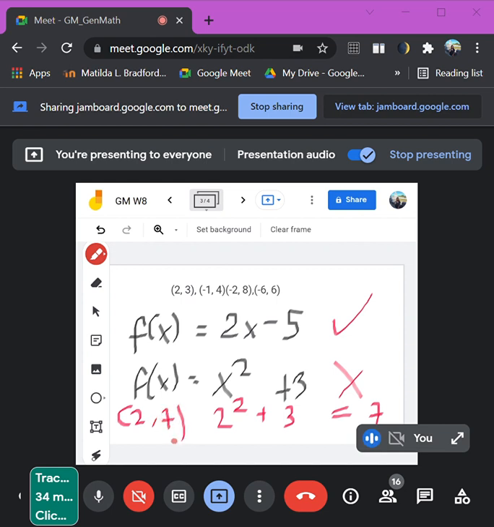And then kung mag-assign ta og iyahang x kay negative 2. Okay, negative 2 squared 4 plus 3, 7 gihapon. So ang ordered pair niya kay negative 2, 7. So as you can see, 7 ra siya, dili siya negative 7. Pareha na ang ilahang output or pareha na ilahang range.